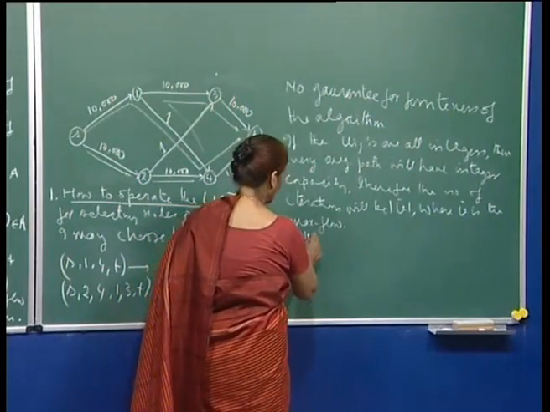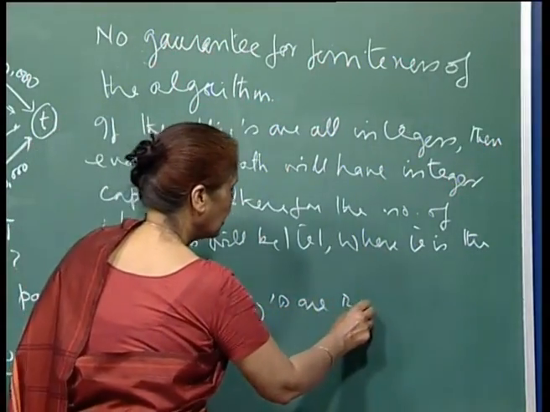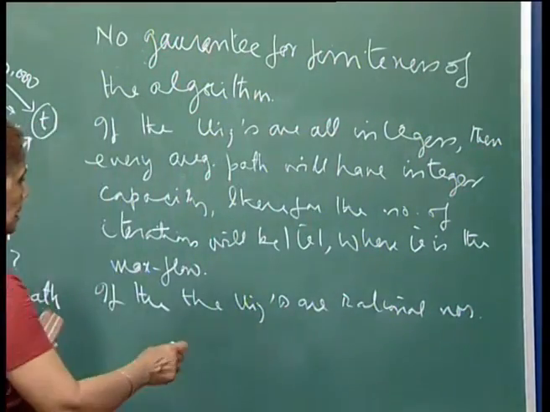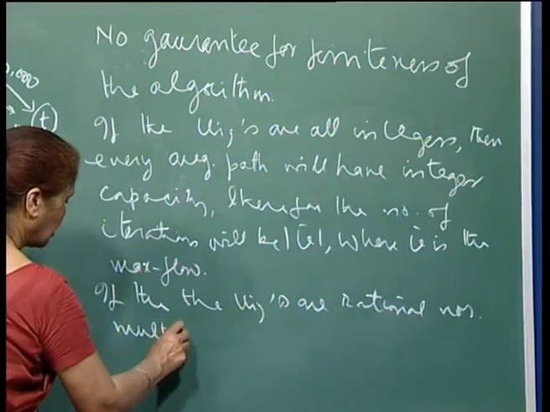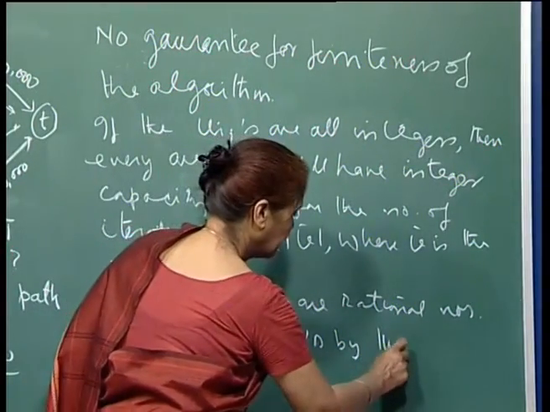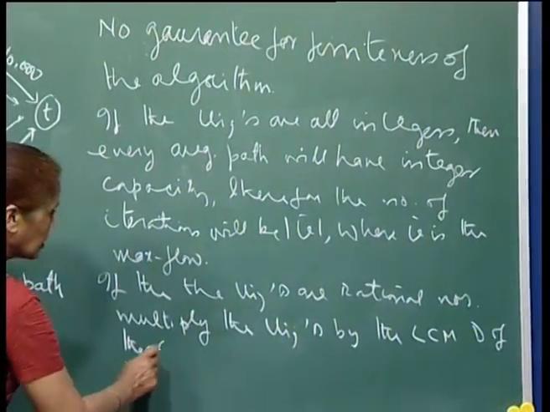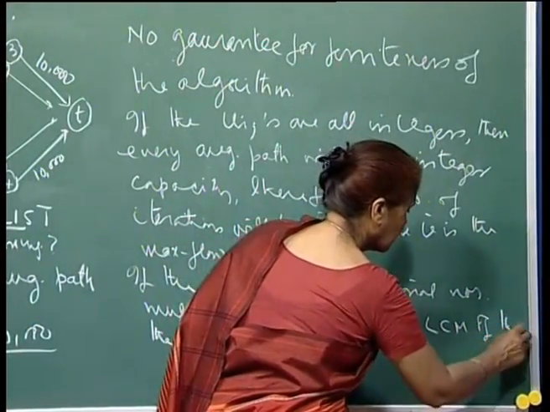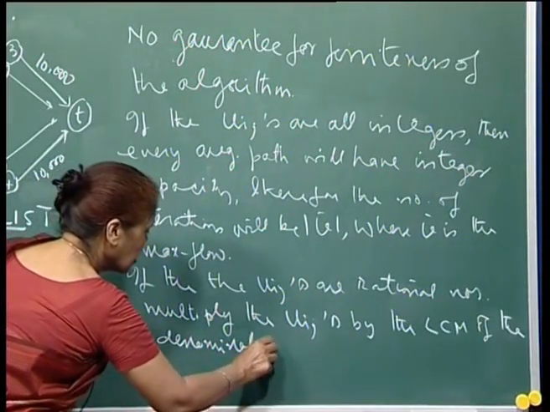Now, if the uij's are rational numbers, then I can change them: multiply the uij's by the LCM d of the denominators of the capacities.